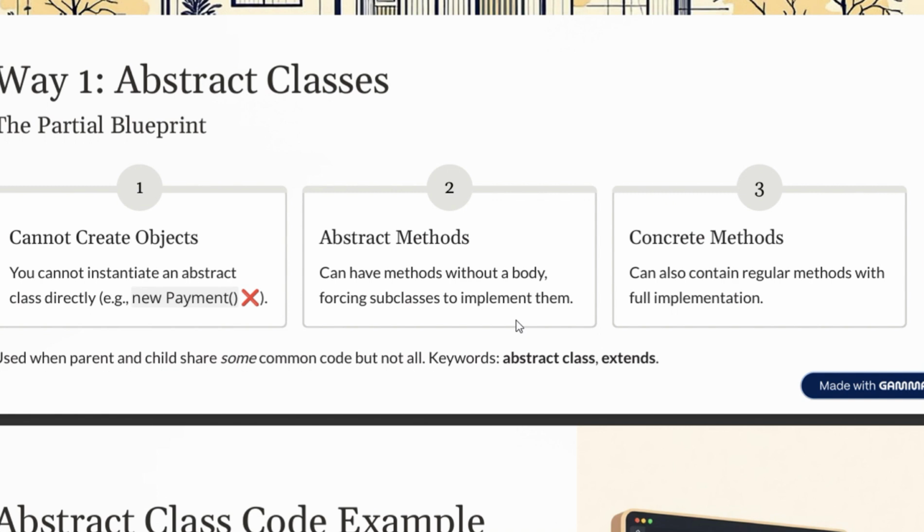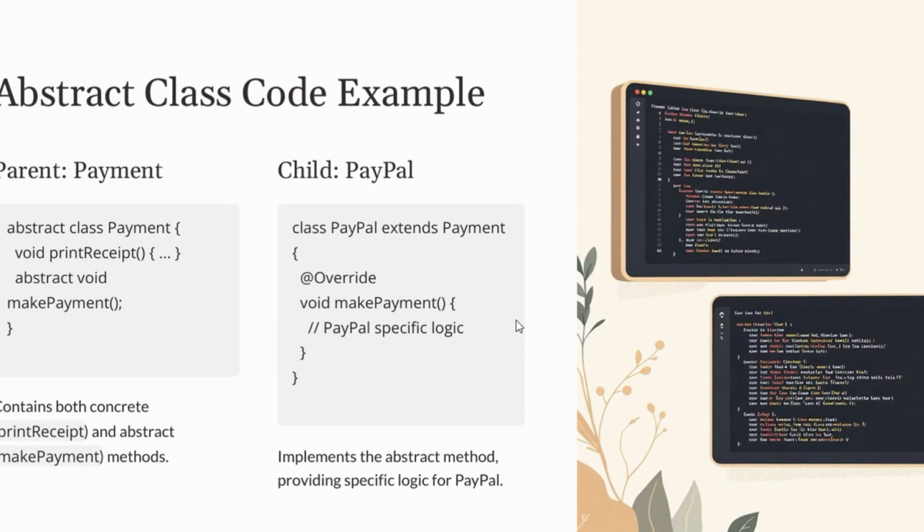So we create a partial blueprint called an abstract class. We add the abstract keyword. Abstract class Payment.